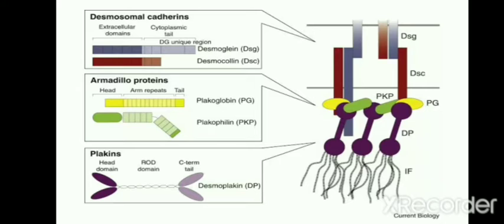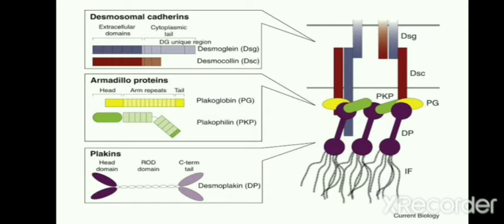In this picture, desmoglein and desmocollin are members of the cadherin superfamily. Cytoplasmic components of the desmosome associate with the desmosomal cadherin tail through a series of protein interactions, which serve to recruit intermediate filaments to the site of desmosome assembly.